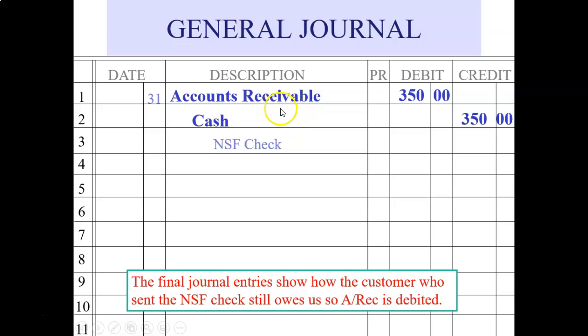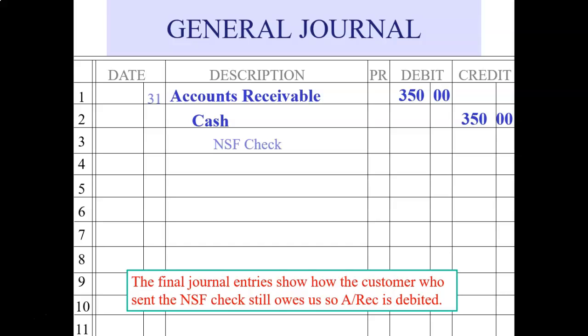In this one here, this was our third one. This is the NSF check for $350. It's a subtraction, so we automatically know that we need to credit cash for $350. What do we need to debit? Well, this customer gave us a bad check.